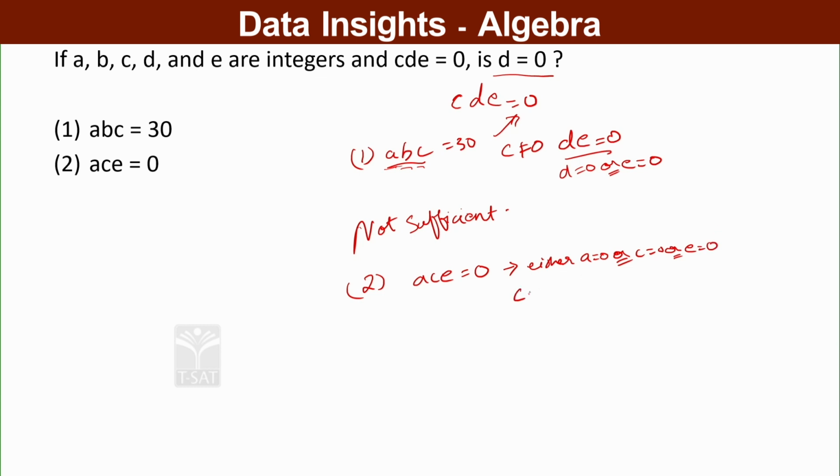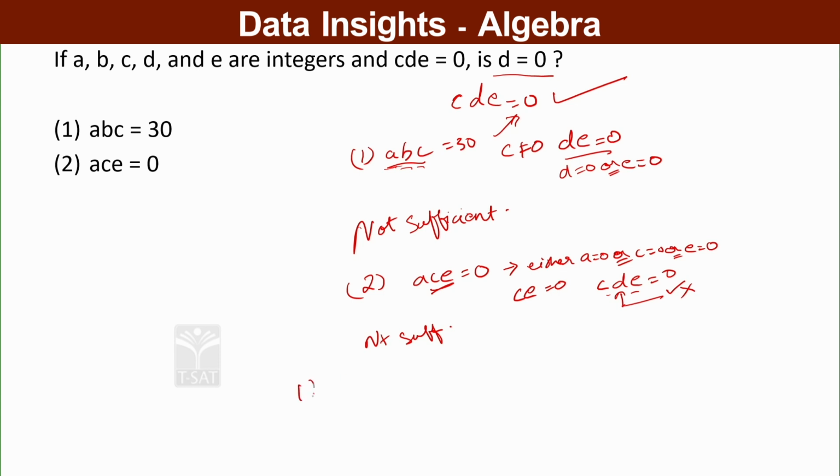So we know ce is definitely 0. Substituting that into cde, you know c times e equals 0 with the given information, but you still cannot say whether or not d is 0. You can still have both possibilities. So this is also not sufficient.